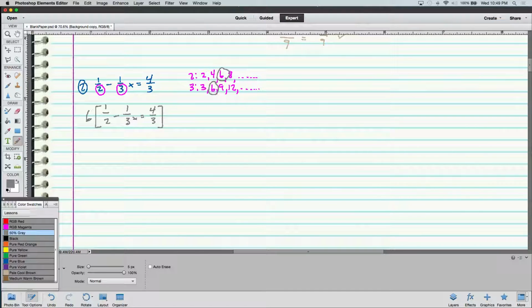So distributing this 6 to each term on the inside, 6/2 minus 6/3x equals 24/3. And what's that going to give us? 6 divided by 2 is 3. 6 divided by 3 is 2. And 24 divided by 3 is 8.